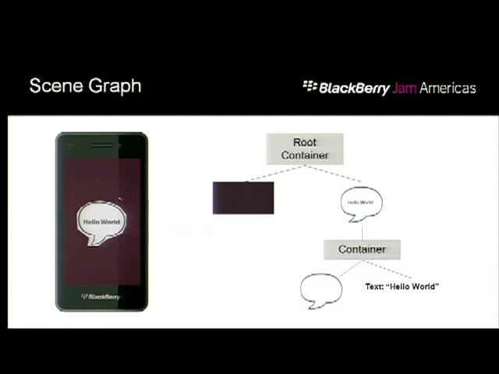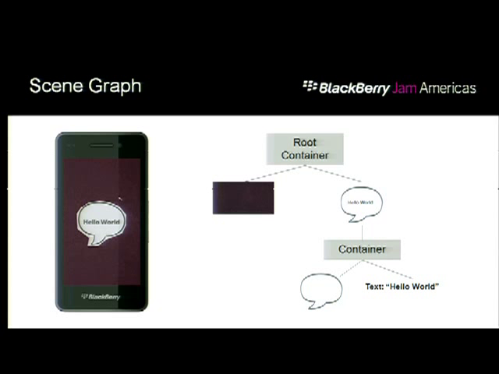So in the Hello World example, we would have a root container, which is the top of the tree, and we'll have two children. One is the background. It looks a bit dark from here, but this is mostly unaffected when we do stuff on this end.